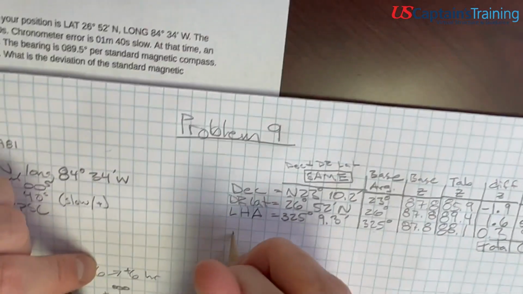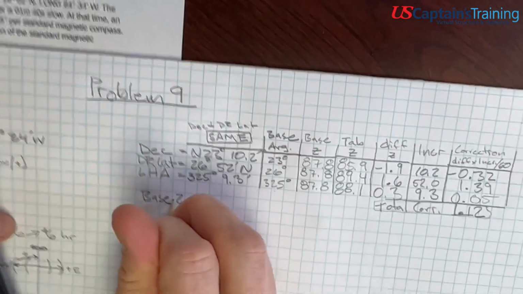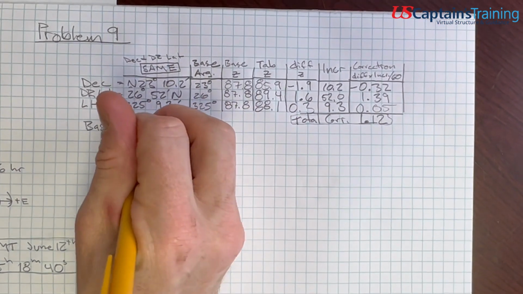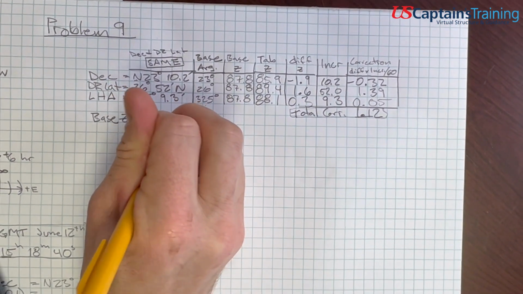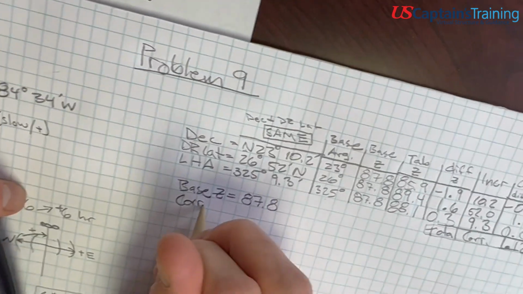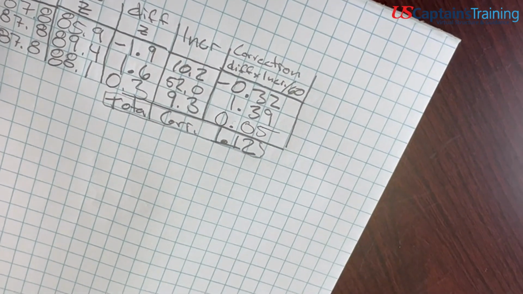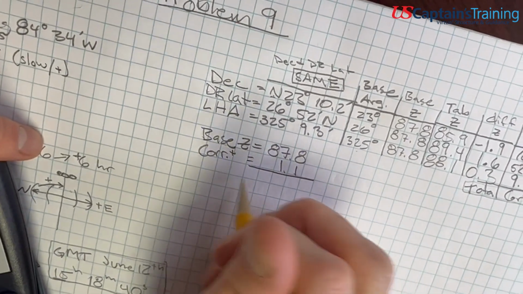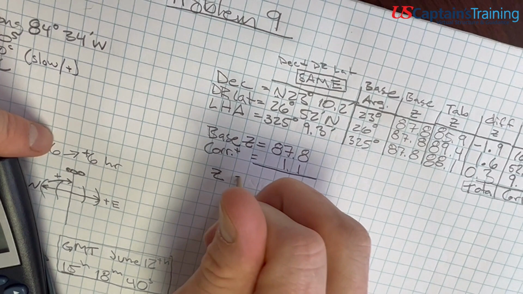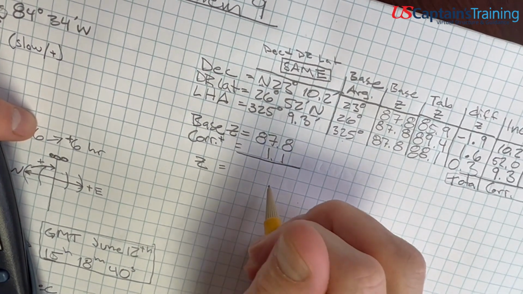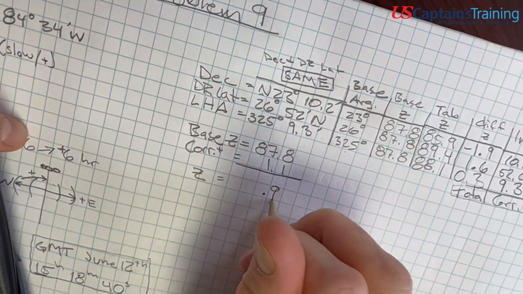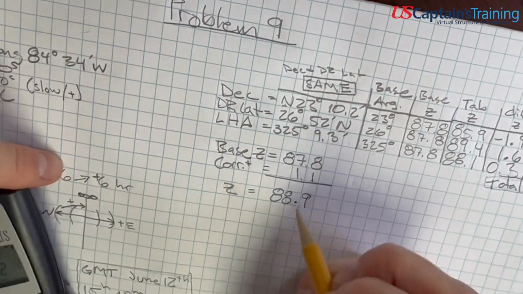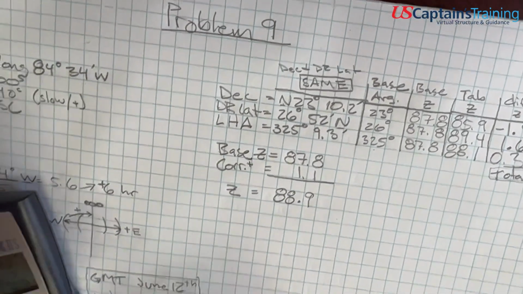So the base Z equals 87.8. The correction applied is positive, and it's 1.1. This is going to give us our Z value in quadrantal notation. So we get 88.9.